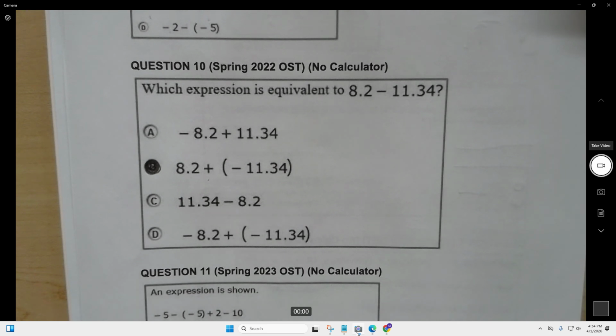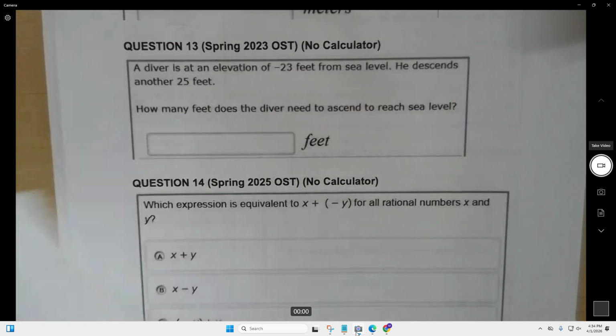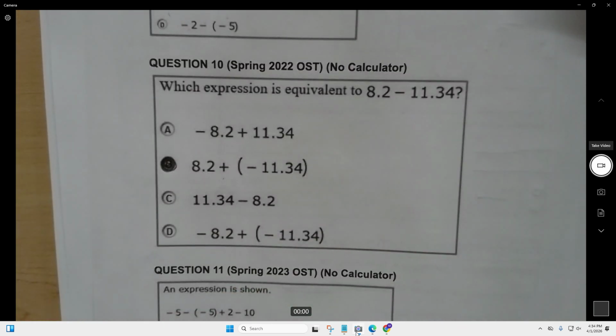We did a question like that one, wasn't it? Oh, it's question 4.